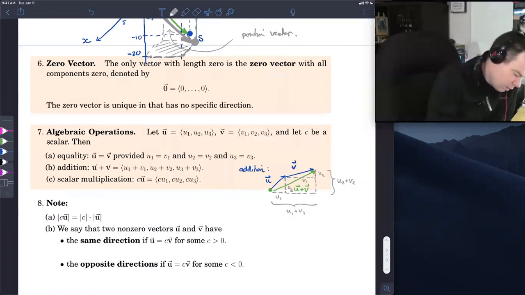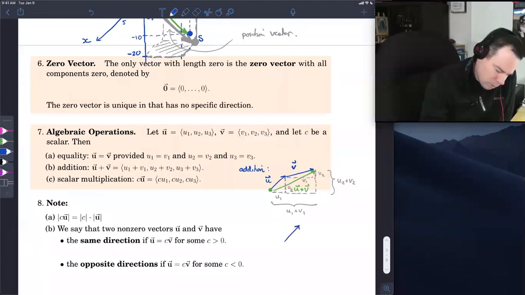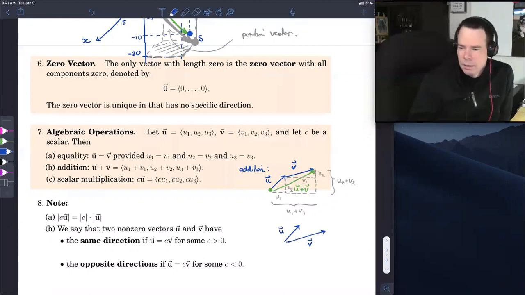There is another way to think about the addition of 2 vectors. If you're more prone to thinking about 2 vectors starting at the same place, then what would the sum of the vectors look like?